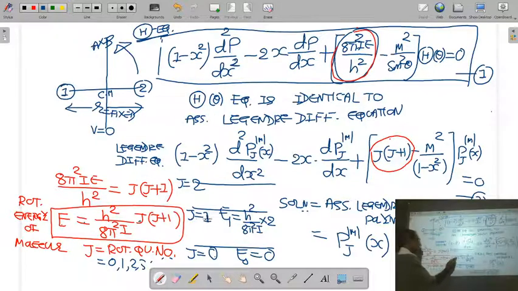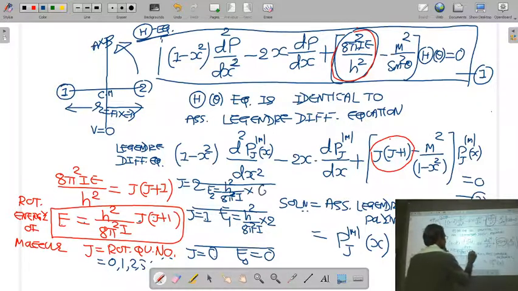In the upper level, J is equal to 1, the rotational energy will be h square upon 8 pi square I into 1 into 1 plus 1, that is 2. In the level J is equal to 2, the rotational energy will be h square upon 8 pi square I into 2 into 2 plus 1, 3 into 2, that will be 6.